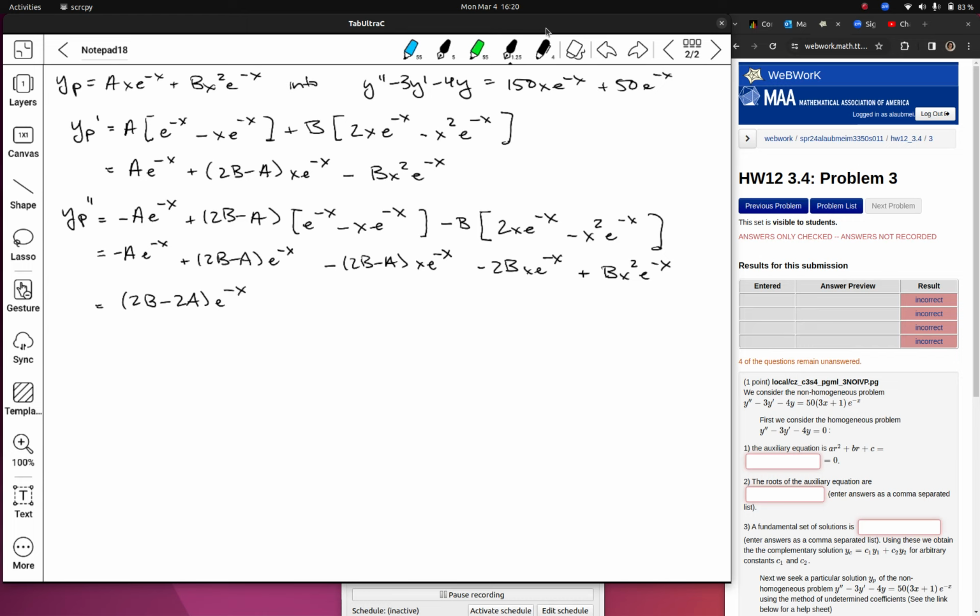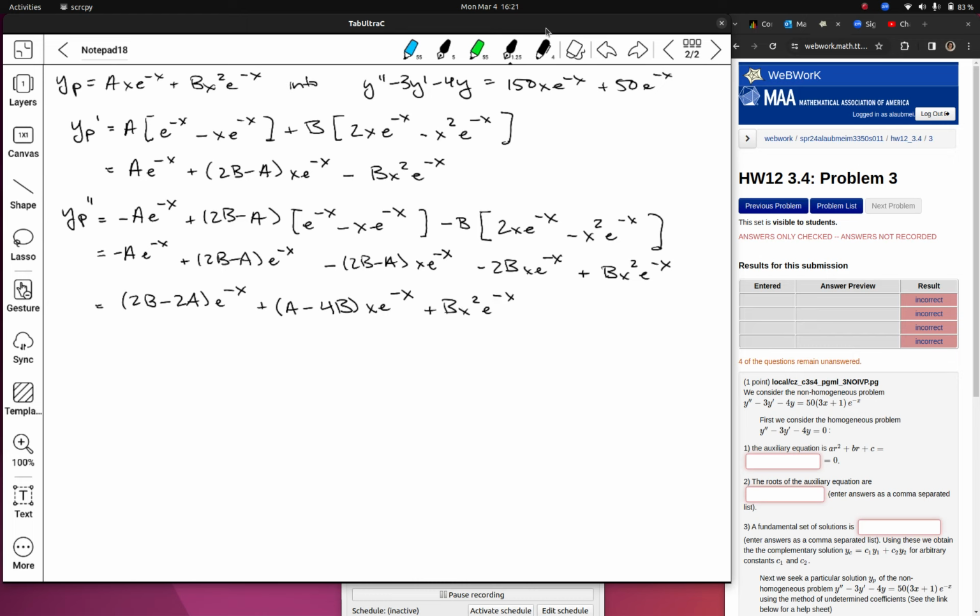So those first two terms combined, they are just e^(-x) terms. That's minus 2B plus A. So let's go ahead and do plus (A minus 4B) x e^(-x) plus Bx^2 e^(-x).